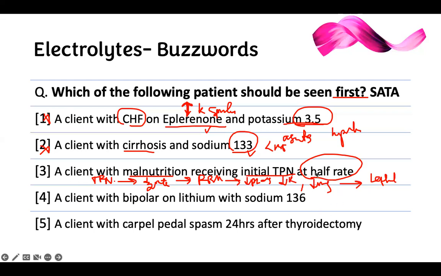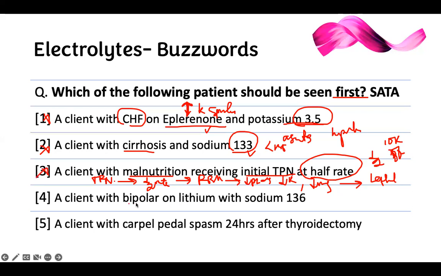These are dangerous electrolytes, and they go into respiratory distress, cardiac arrhythmia, and they die. So you start their nutrition at half rate. If they need 10,000 calories, you give them 5,000 calories initially, slowly, so that you avoid this. So this patient is getting appropriate treatment. I'm not worried about it.